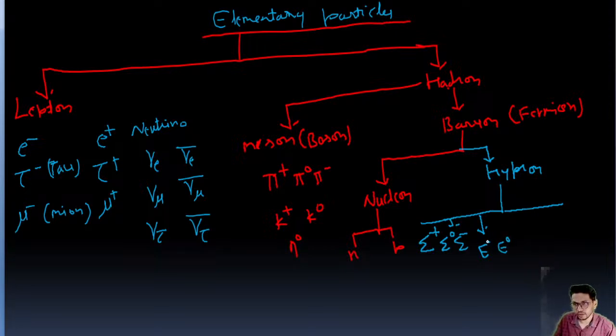And then this is omega negative. Okay, omega negative, and third is lambda naught. Okay, so this is sigma. Okay, these are cascade.